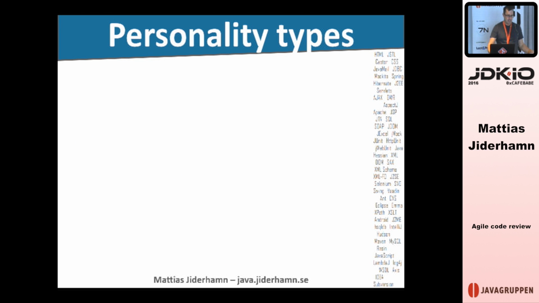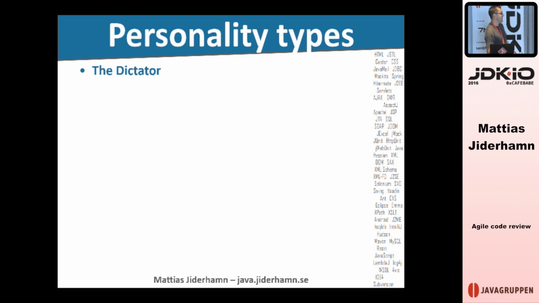Yes. So wrapping up, I will mention some different personality types that you may run into while doing code reviews in your team. You should remember here that multiple personality types can appear in the same person, including myself.